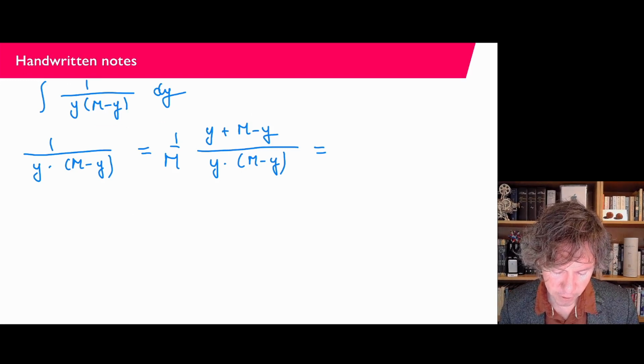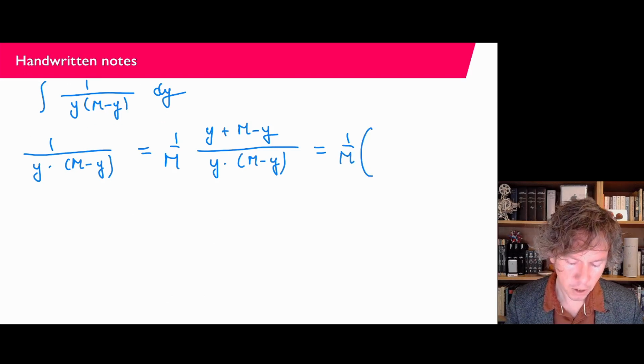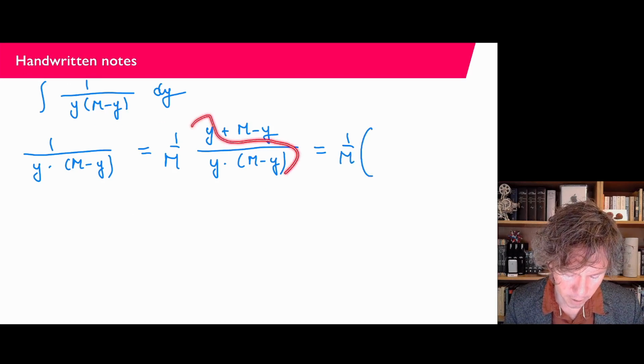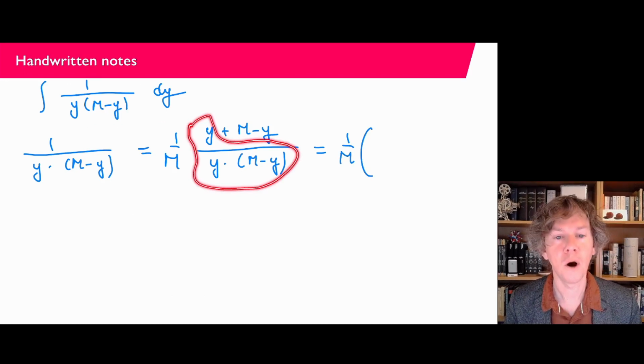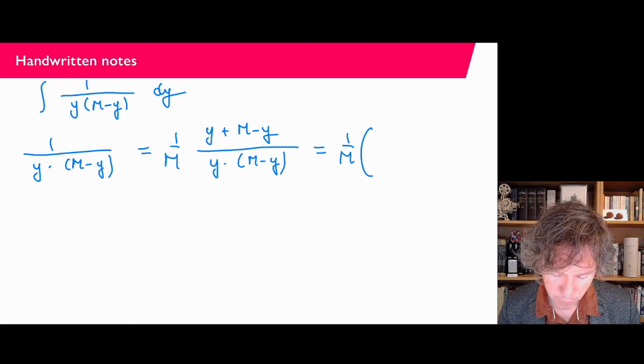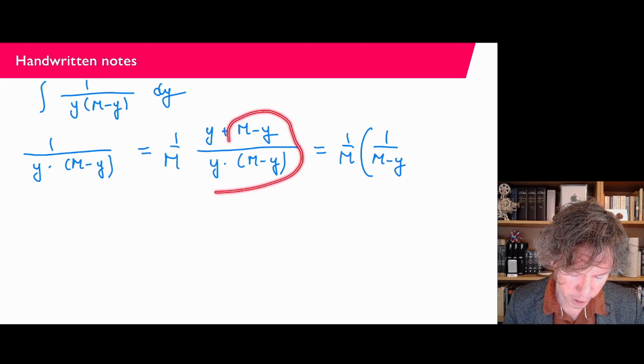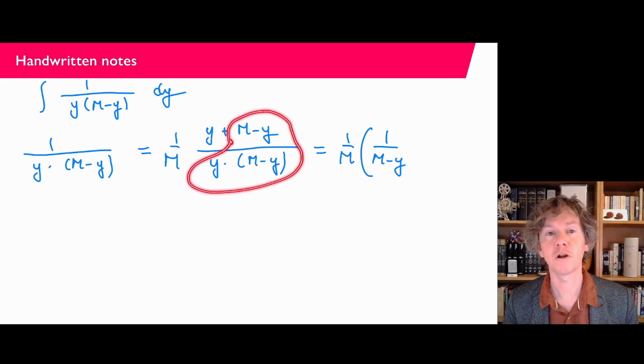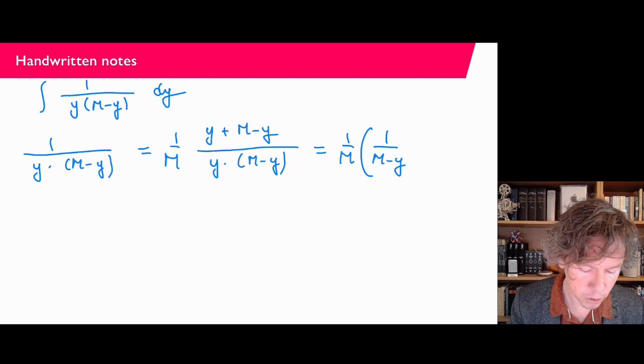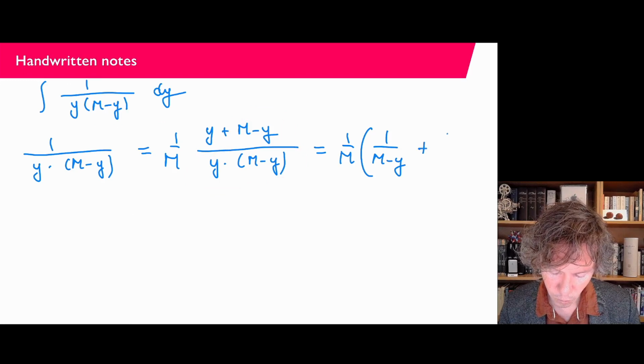Because what I now find is that this equals 1 over m, and then in between brackets, this here is y divided by y times m minus y. So the y drops out, and I find 1 over m minus y. And the second term is m minus y divided by y times m minus y. So the m minus y drops out and I get a plus 1 over y.